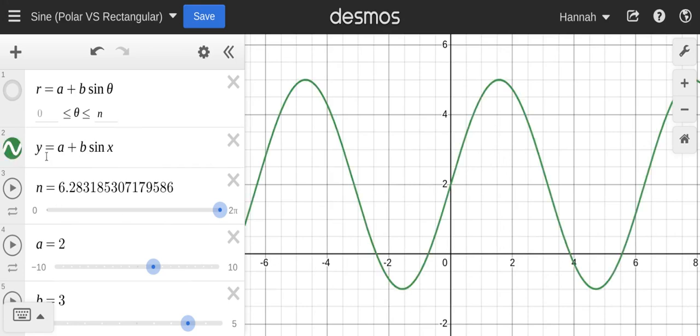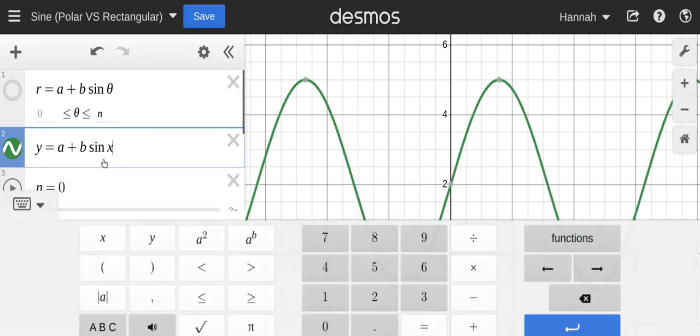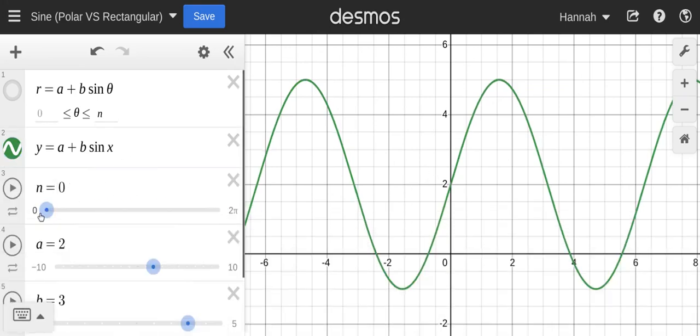I've got the exact same stuff, except I have it in terms of X and Y instead of R and theta, right? Now this one, I don't have the domain set, so I'm not going to watch it grow and shrink, but you can see how that looks rectangular.